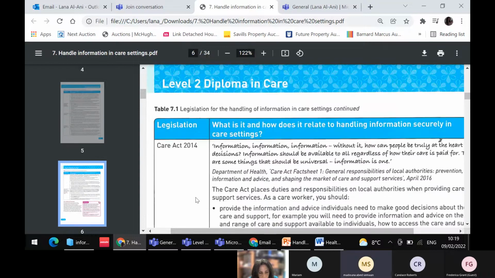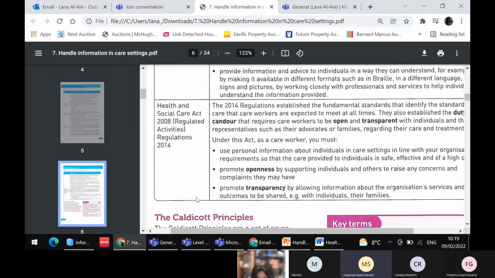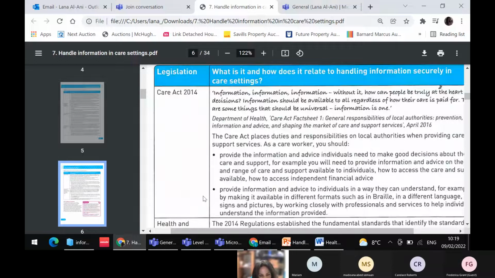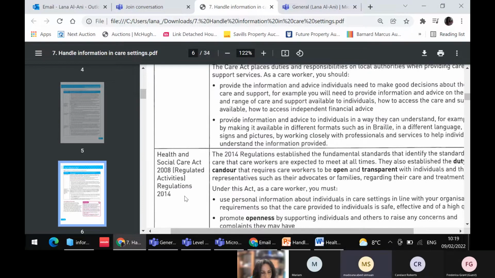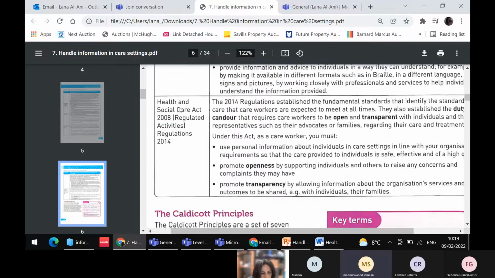It's not an example. You need to tell us just a small description about what it is all about. So we still have Care Act 2014, Health and Social Care Act 2008.